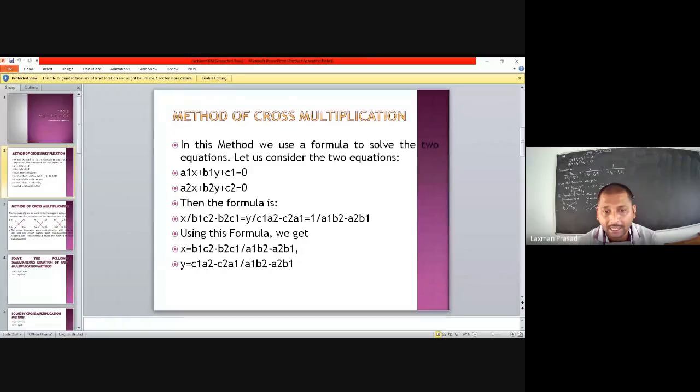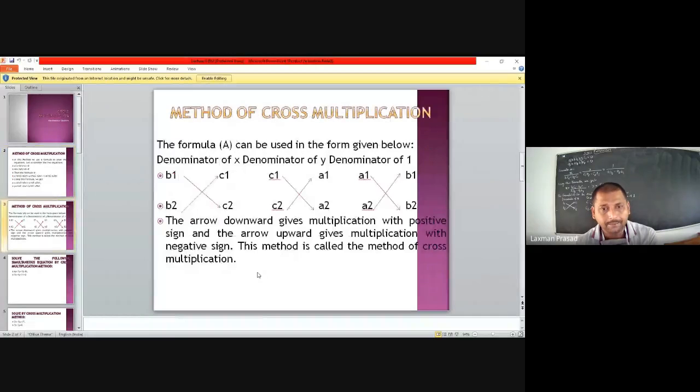Using this formula we get x equals b1 c2 minus b2 c1 divided by a1 b2 minus a2 b1, y equals c1 a2 minus c2 a1 divided by a1 b2 minus a2 b1.